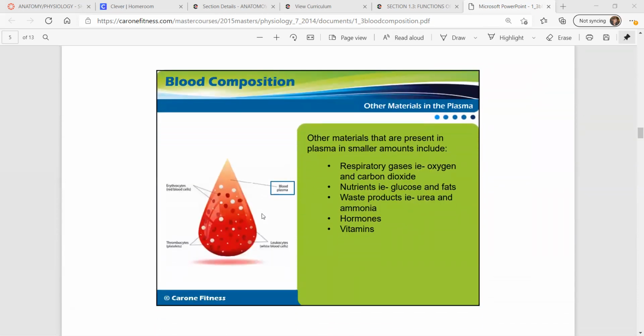Other materials are present in plasma, but in smaller amounts, and those include respiratory gases such as oxygen and carbon dioxide, or CO2, nutrients like glucose and fats, waste products like urea and ammonia, hormones, and vitamins.